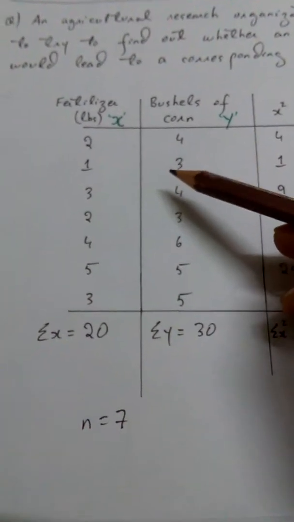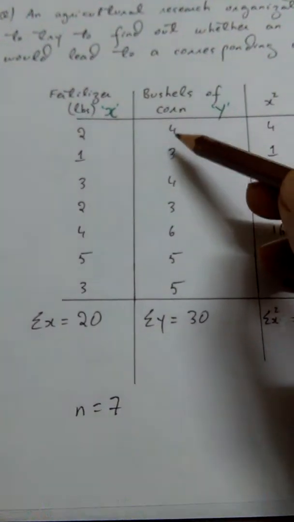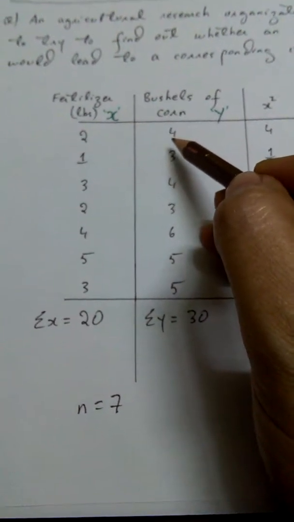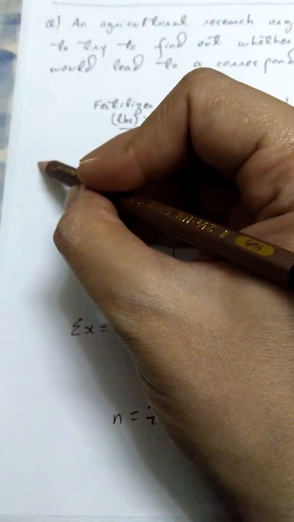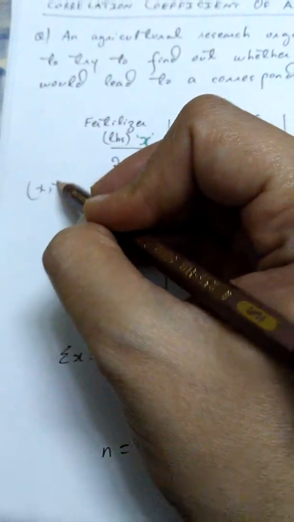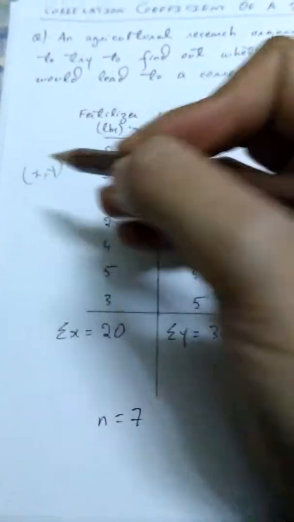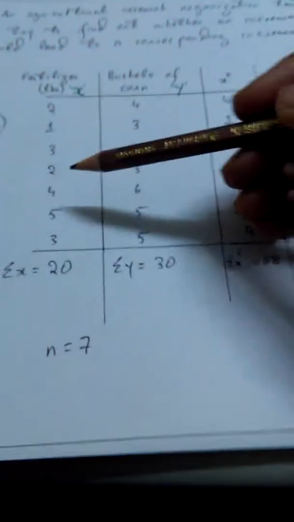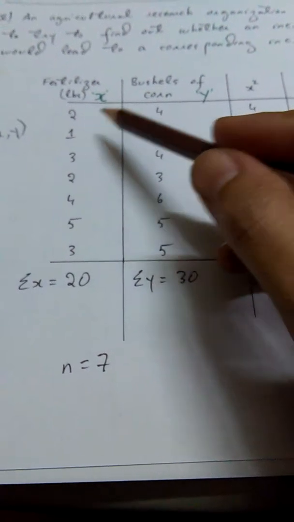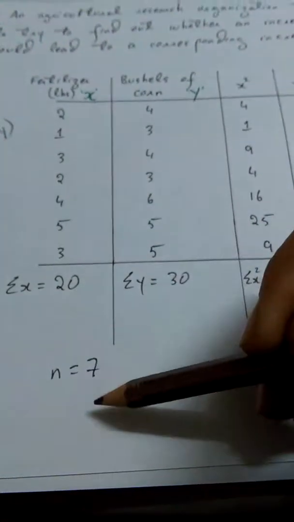And here you can see that n represents the number of data pairs. This is the data pairs because every point is expressed as an ordered pair, since there are two quantities that we are analyzing statistically. So here you can see that there are 7 pairs, so n is 7.